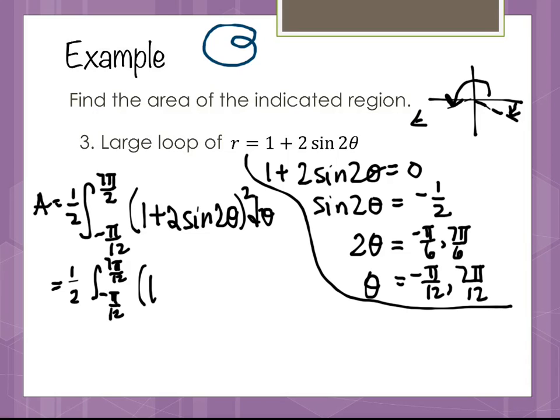So this will give me 1 plus what? I multiply 1 plus 2 sine 2 theta times itself. What do I get? 1 plus what? And then what?